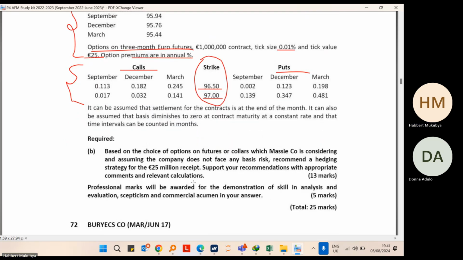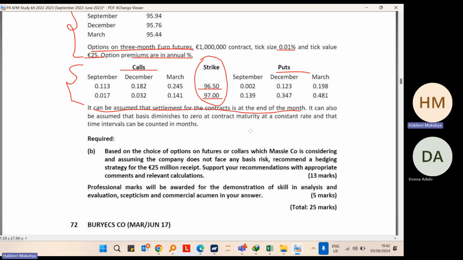So now it can be assumed that settlement of the contract is at the end of the month. It can also be assumed that the basis is equal to 0 at contract maturity. The interest rate and the time intervals can be calculated in months.